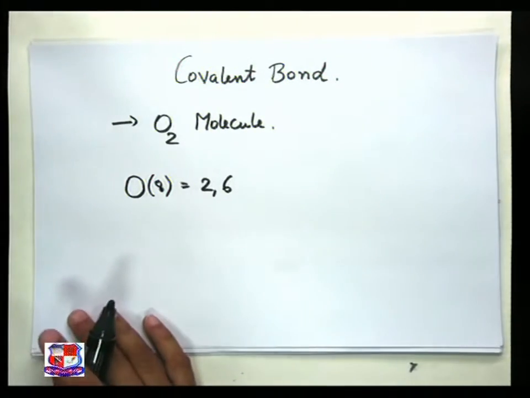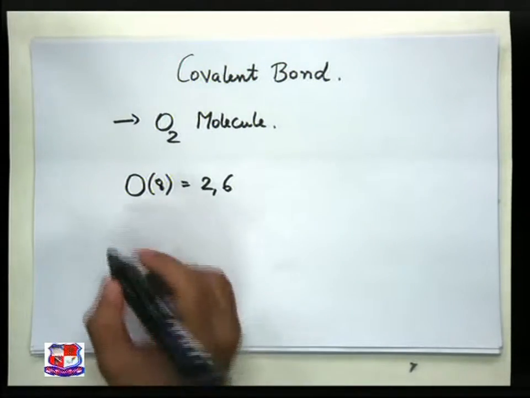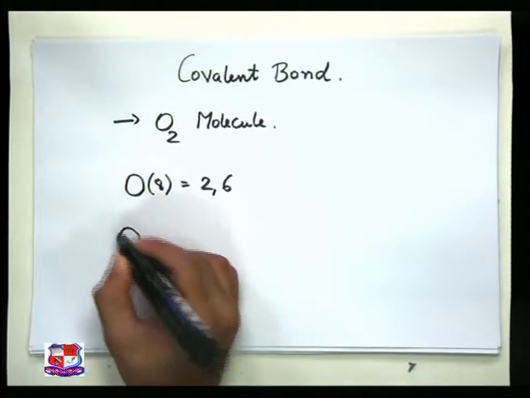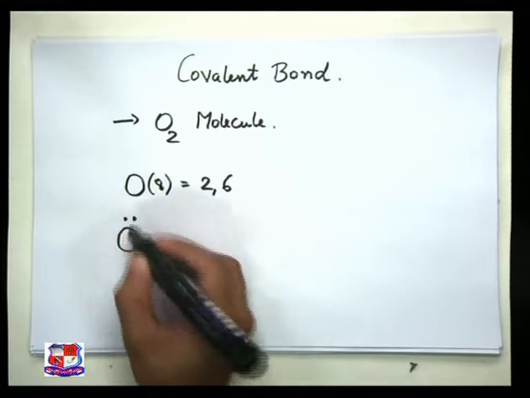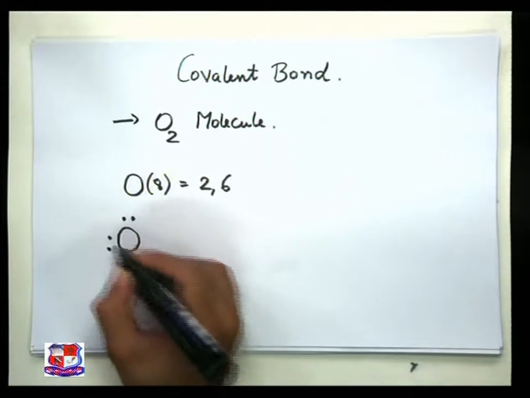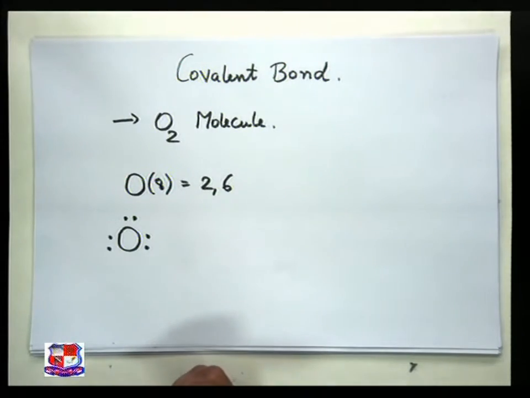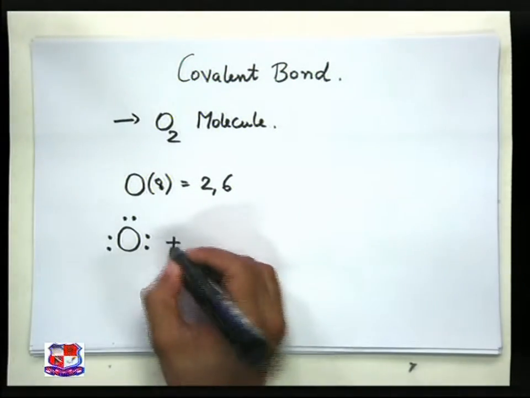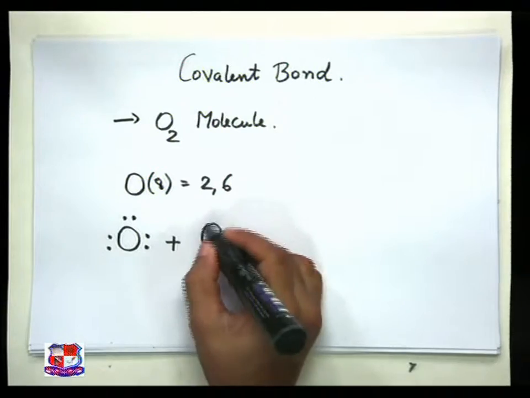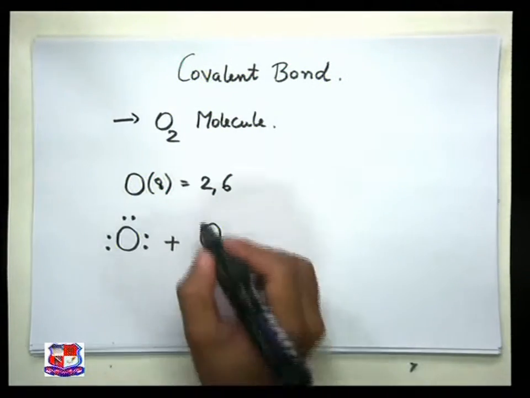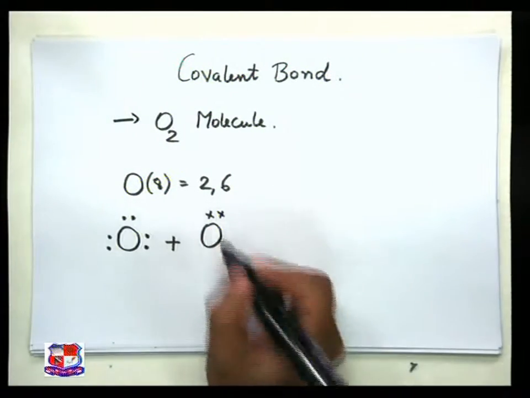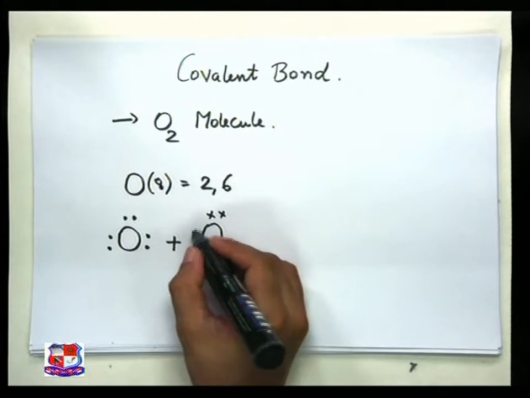This is the configuration. So what you will do now? You will show the electron pair 1, 2, 3, 4, 5, 6. Okay, this is the one oxygen plus another oxygen. Okay, in order to differentiate we will put the cross. So we will write here like this.